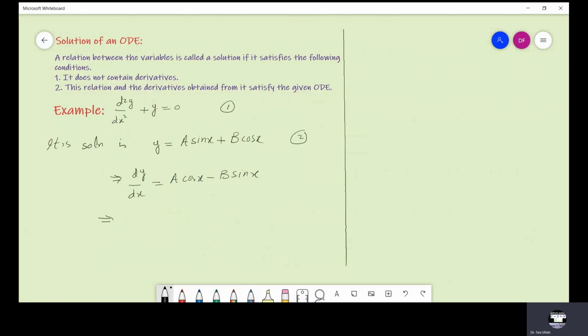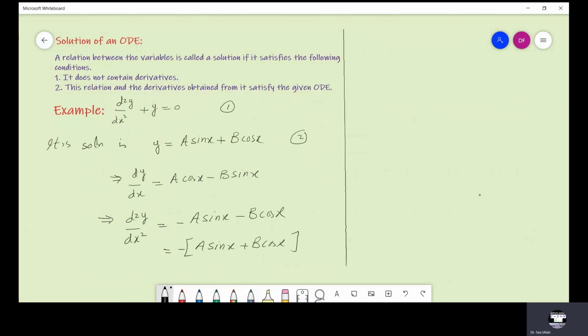Let us differentiate it once again. d square y over dx square is equal to minus a sin x minus b cos x. Let us take minus as common. We have a sin x plus b cos x.